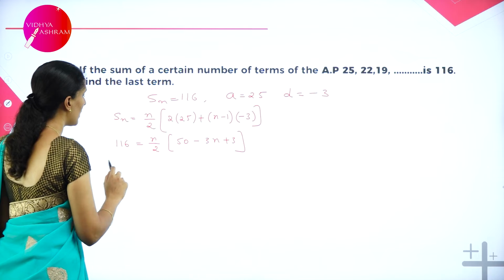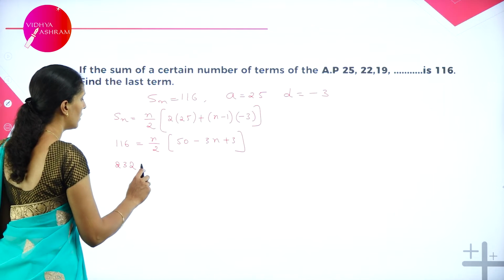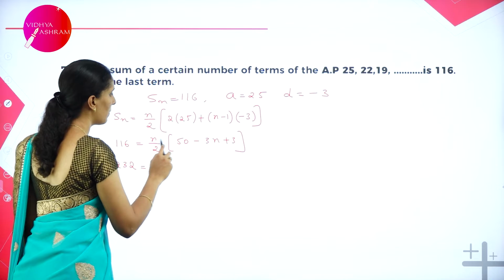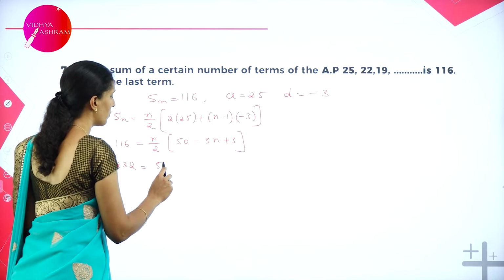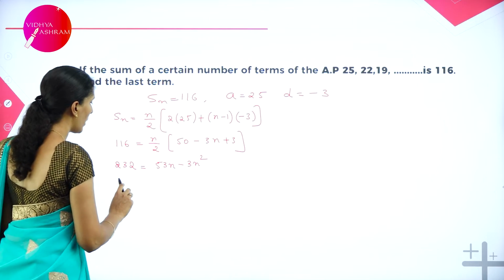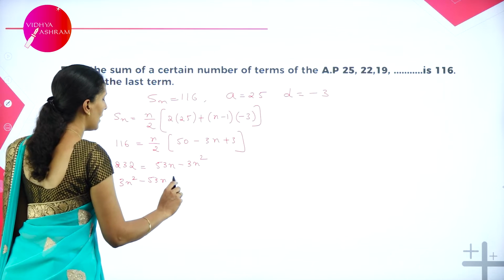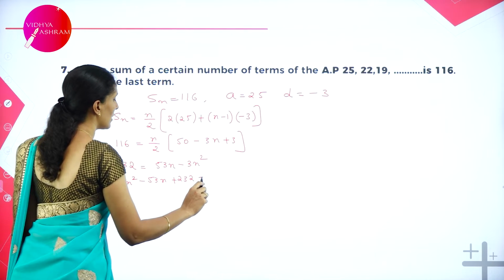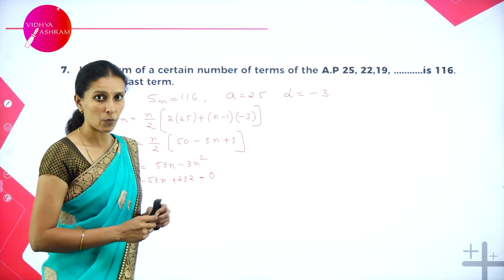Now multiplying, we get 232 is equal to, when you multiply this, 50 plus 3 is 53, so you will get 53n minus 3n square. Or you get 3n square minus 53n plus 232 is equal to 0. So this is the equation you get, which is a quadratic equation.